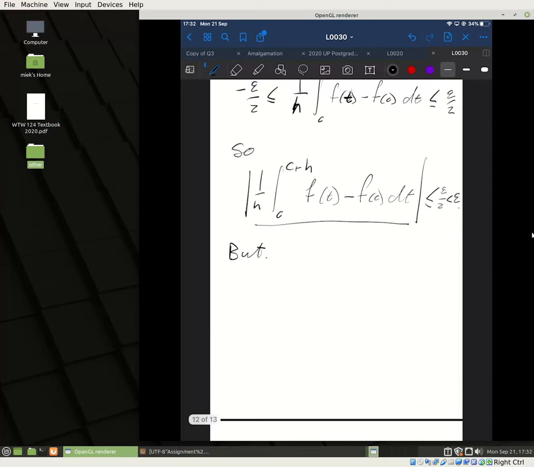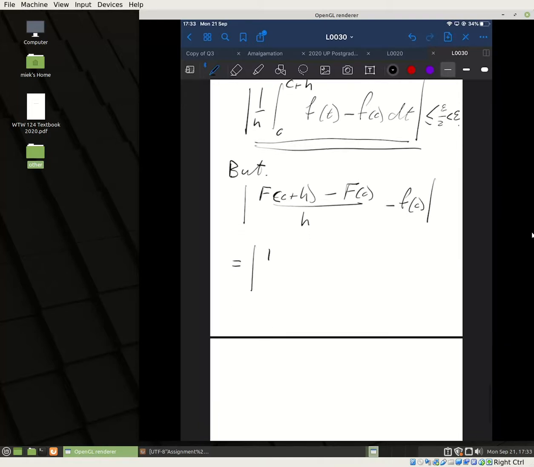So we have that f of c plus h minus f of c over h minus f of c is equal to this expression that we have here, 1 over h times the integral from c to c plus h of f of t minus f of c dt, which is less than or equal to epsilon over 2, which is less than epsilon.